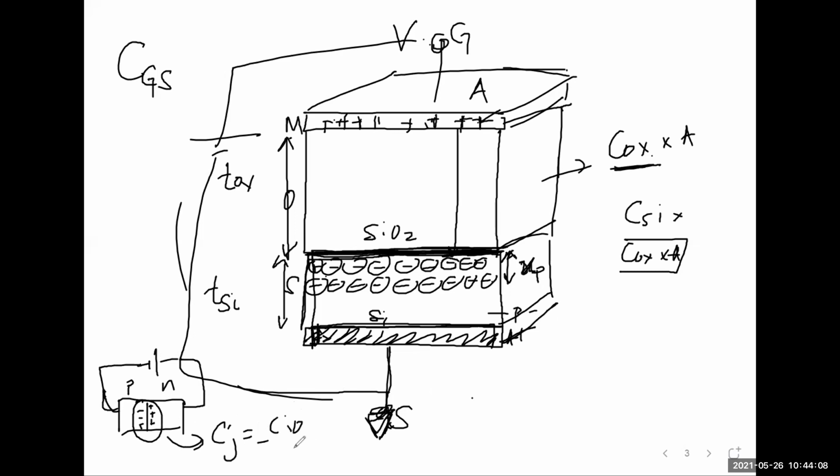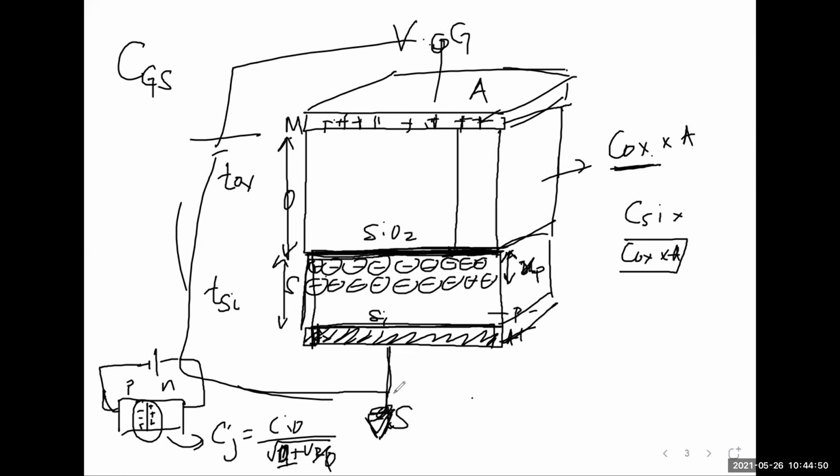Cj equals Cj naught divided by the square root of 1 plus VR over phi naught. When VR is equal to 0, it should be Cj naught. And when VR is high, capacitance should be low. So that was your expression.